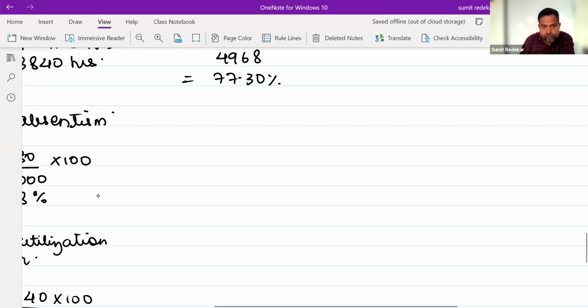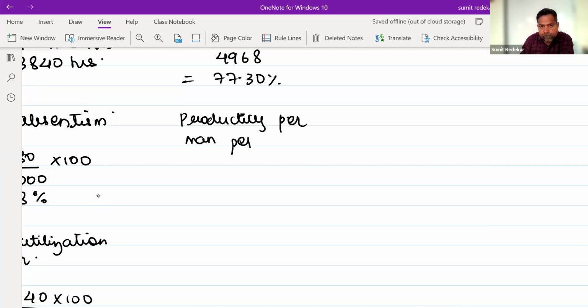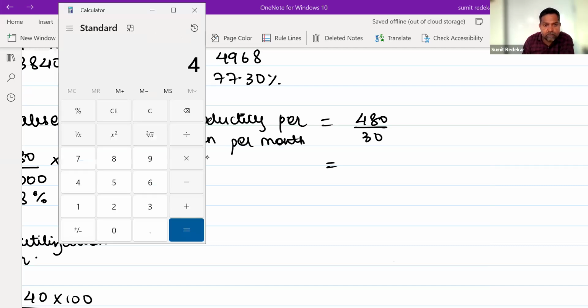So productivity per man per month is, you have how many units? 480 units produced by 30 men is 16.